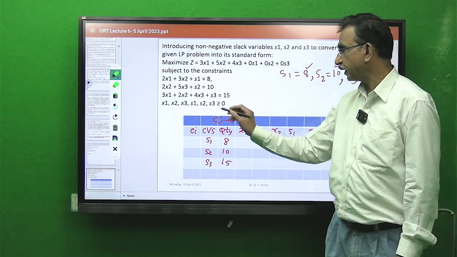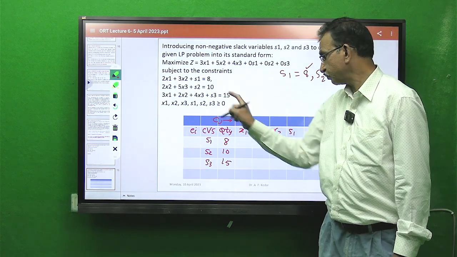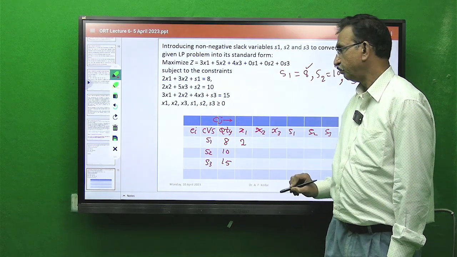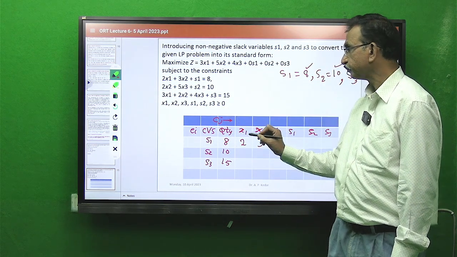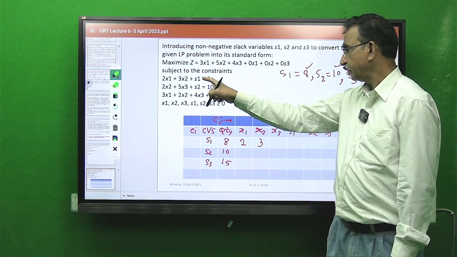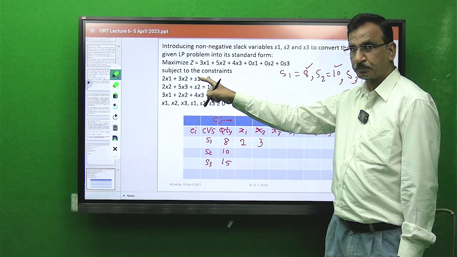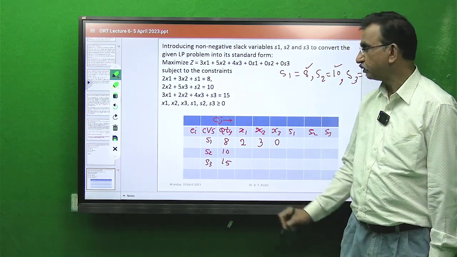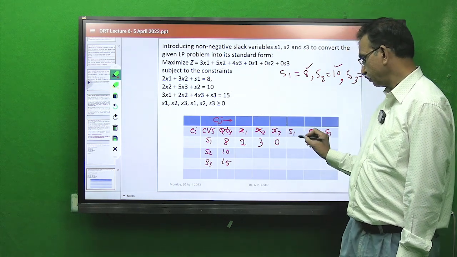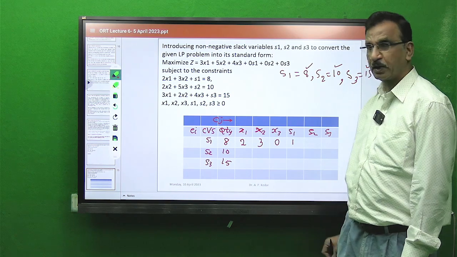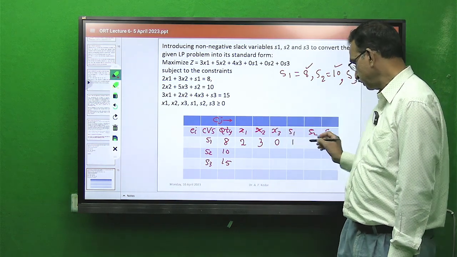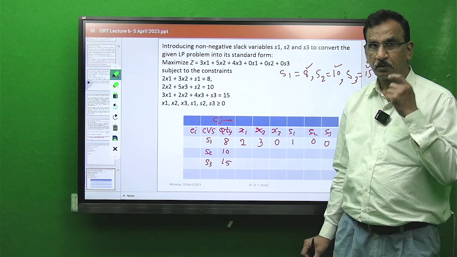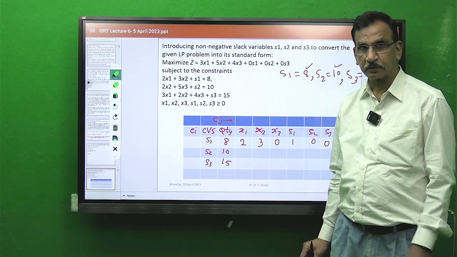So here we will write for x1, for the first equation, it is 2, then 3. See, there is no term of x3. Since it is missing, we have to write 0. There is only the S1 term, so 1 into S1, no other terms, so it will be 0. I think it is very clear.